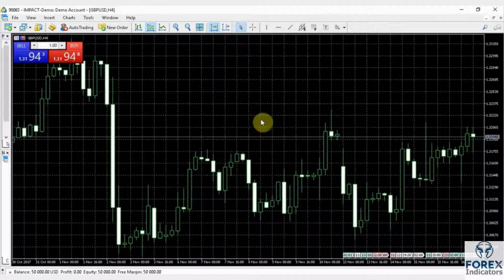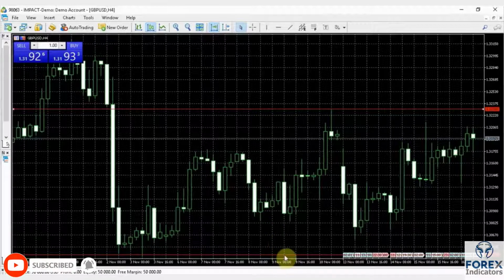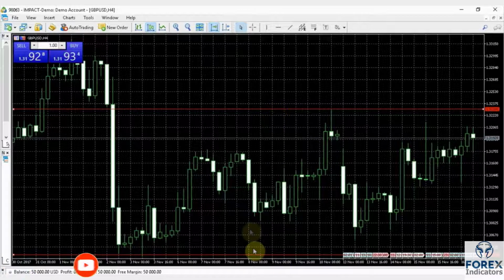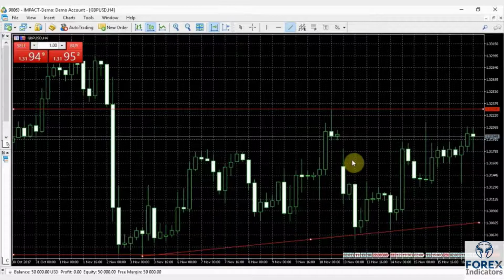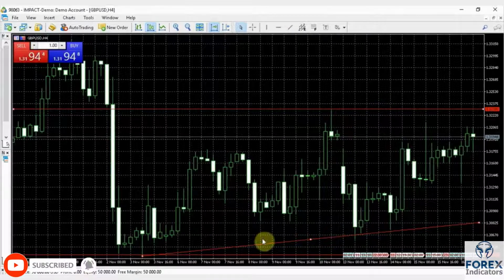We have a trend happening here. Support here and resistance here. So we've drawn the chart here, and we have the resistance here and the support here. So the trend here for the 4 hour chart is a bit like this. Slow uptrend. So here we have the support drawn here.